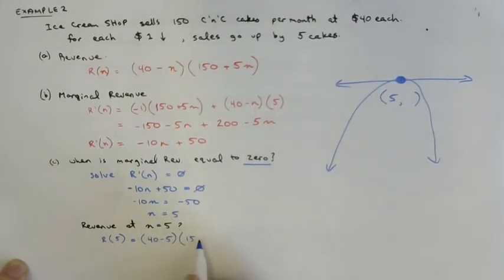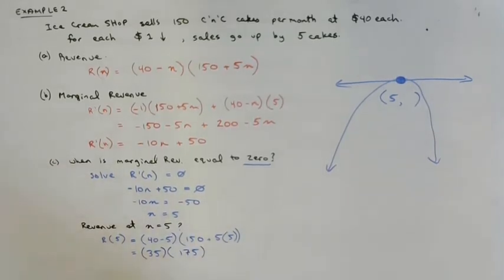So 40 minus 5, 150 plus 5 times 5. 40 minus 5 is 35. So there you have the price of each cake that would maximize revenue. And this second number of the product is actually going to be the number of cakes sold. 150 plus 25 is 175.